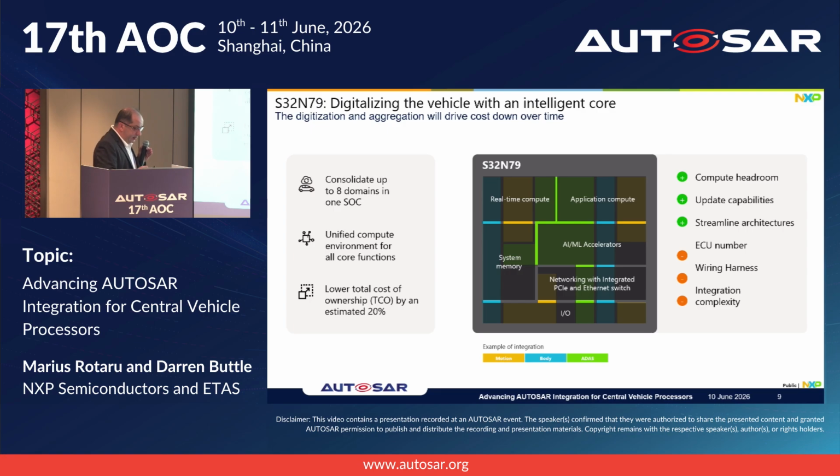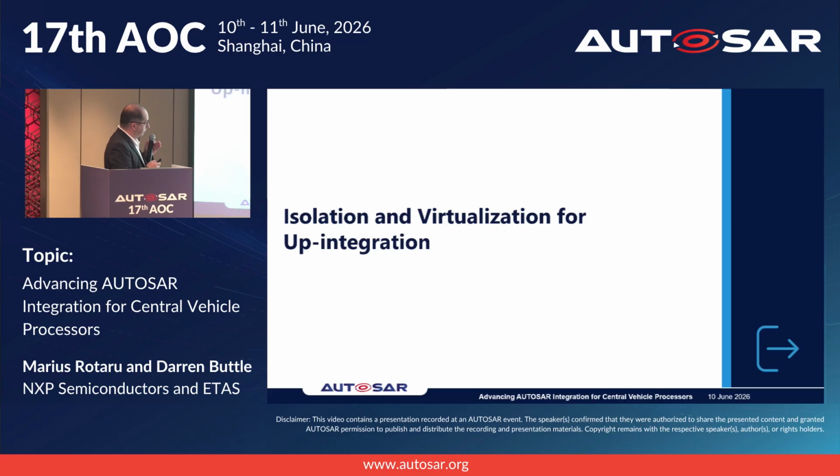But let's see what the key ingredients are that this SRT2N processor provides to allow consolidating and integrating multiple workloads together. One of the key ingredients here is isolation and virtualization capabilities for app integration.